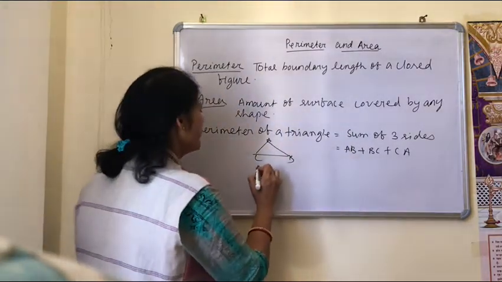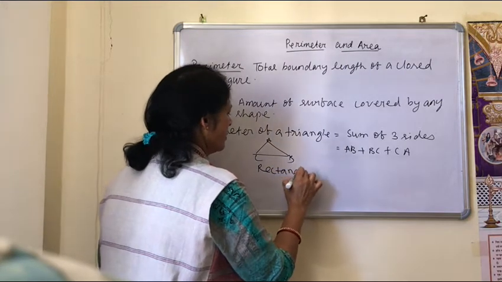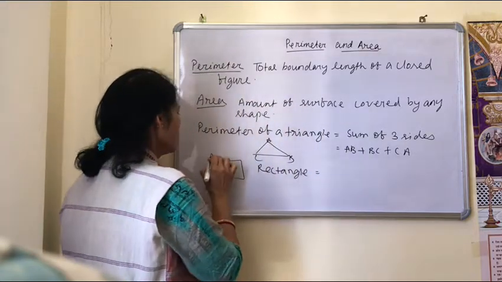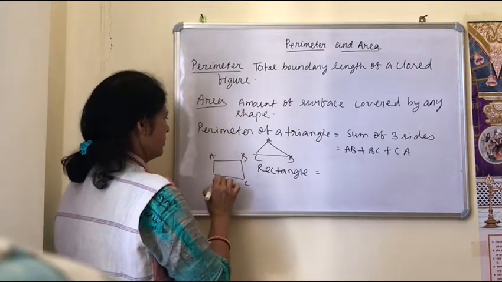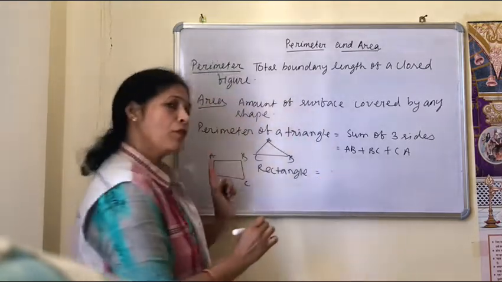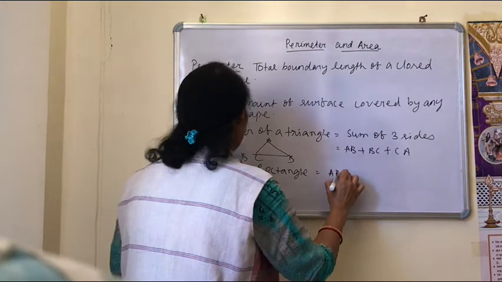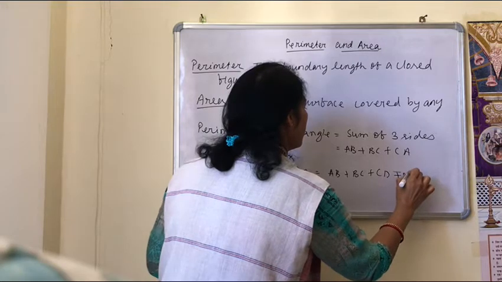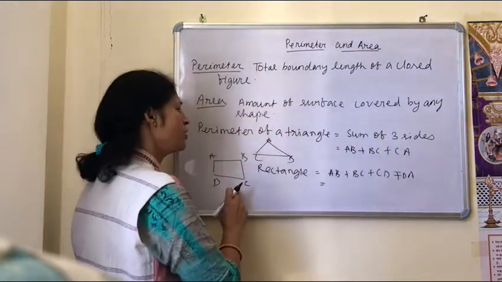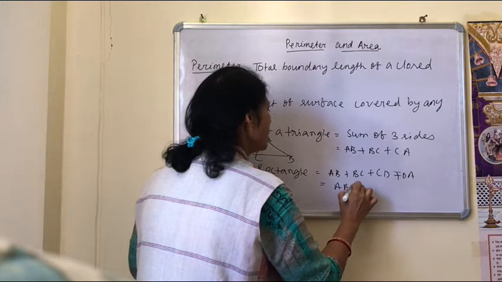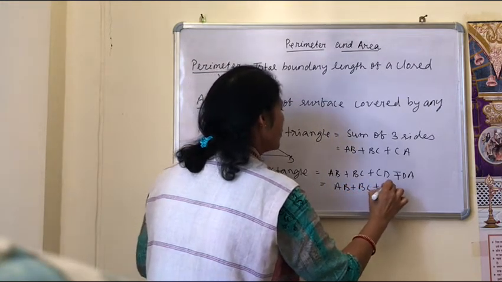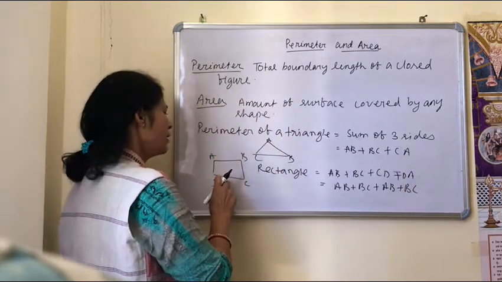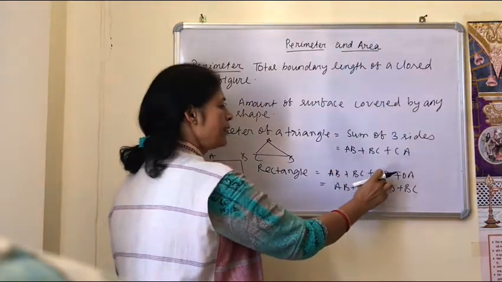Now perimeter of rectangle. Suppose this is the rectangle ABCD. So sum of 4 sides, that means AB plus BC plus CD plus DA. You know that AB equals CD, and BC equals DA.